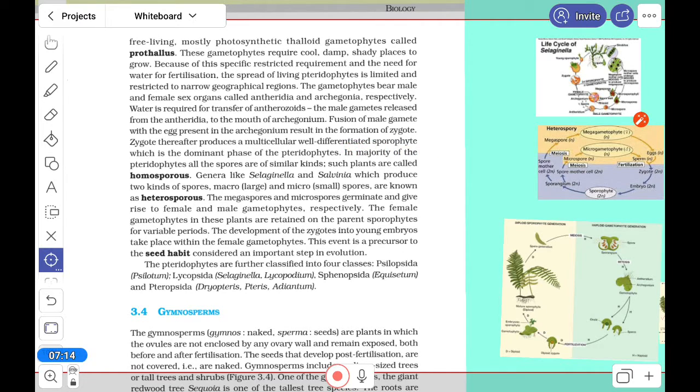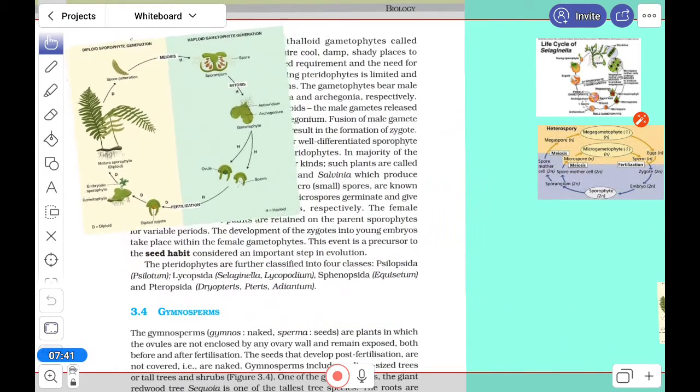In the majority of pteridophytes, all the spores are of a similar kind. They are called homosporous. Just now I explained that one, which was homosporous. But there are some, like Selaginella, having two kinds of spores, macro and micro, which are heterosporous. Let's know this fact a little bit.